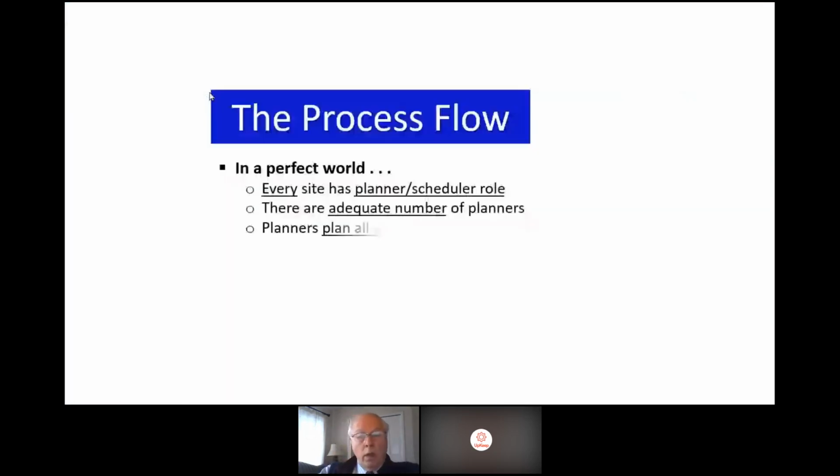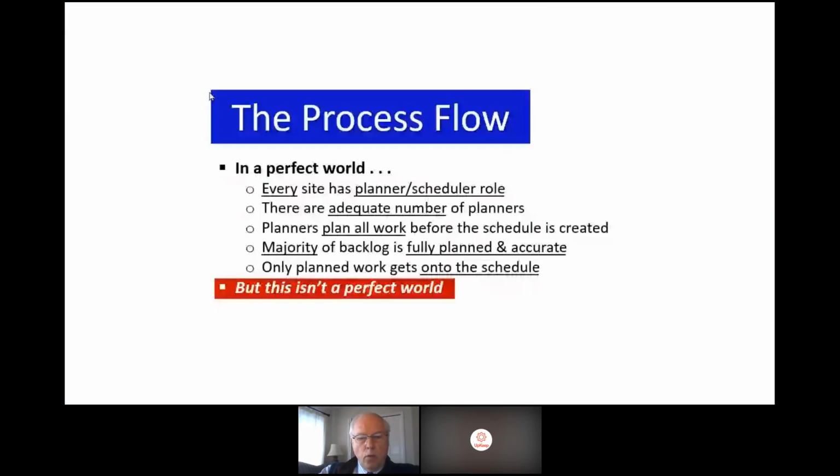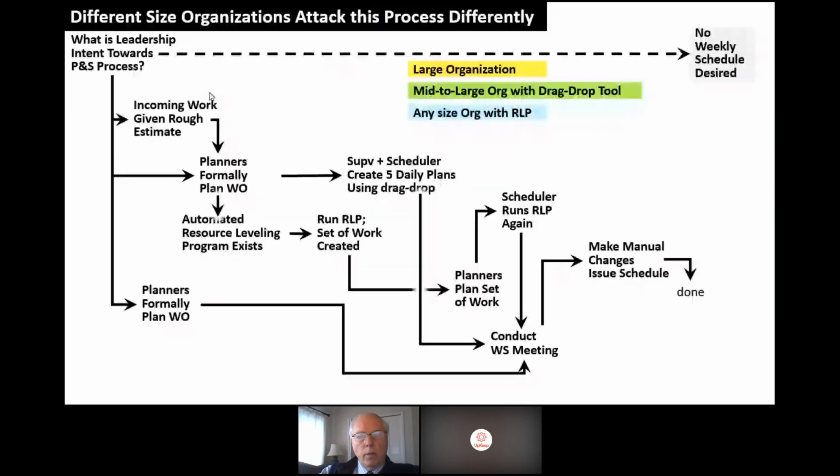So the process flow. In a perfect world, we have the staff and the backlogs fully planned, and so on. But this isn't a perfect world, so we need a different type of solution. A large organization, in yellow, follows this path: formally plan the work, conduct a weekly schedule meeting, maybe make some changes, and it's issued. A mid-size organization formally plans the work, may have a drag-drop tool that IT purchased for them, conducts a weekly schedule meeting, and makes manual changes.